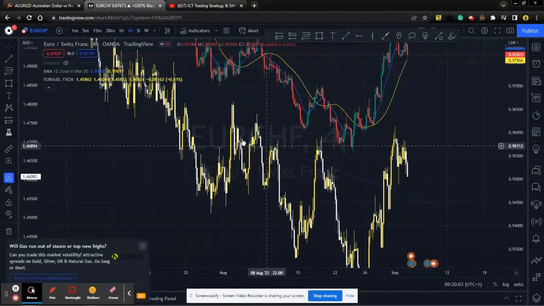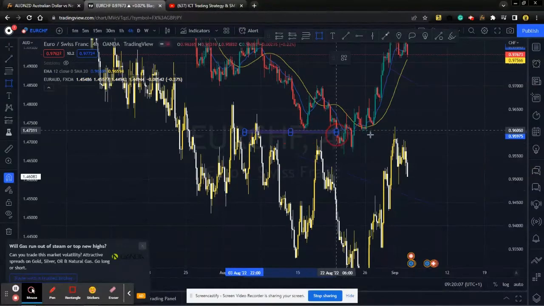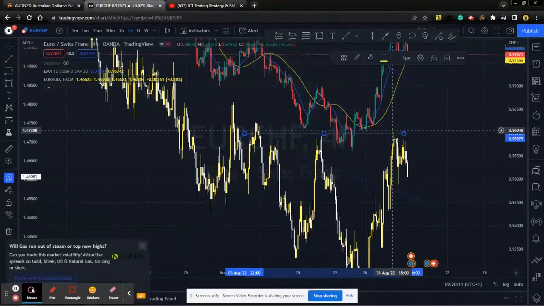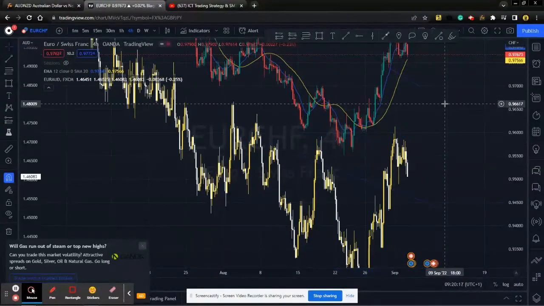We had this area of demand where the market found resistance and then dropped. You can combine those two concepts. You can combine smart money divergence and market structure to trade pairs that are very correlated, pairs that are moving in the same direction.